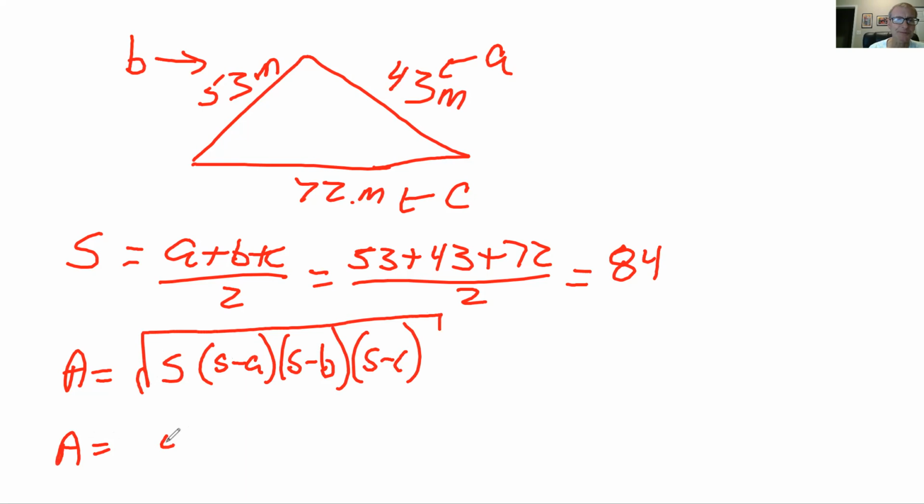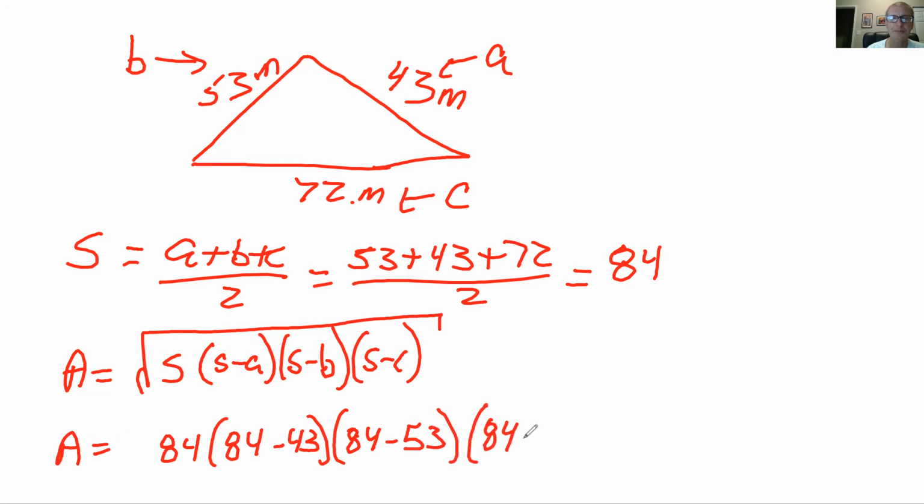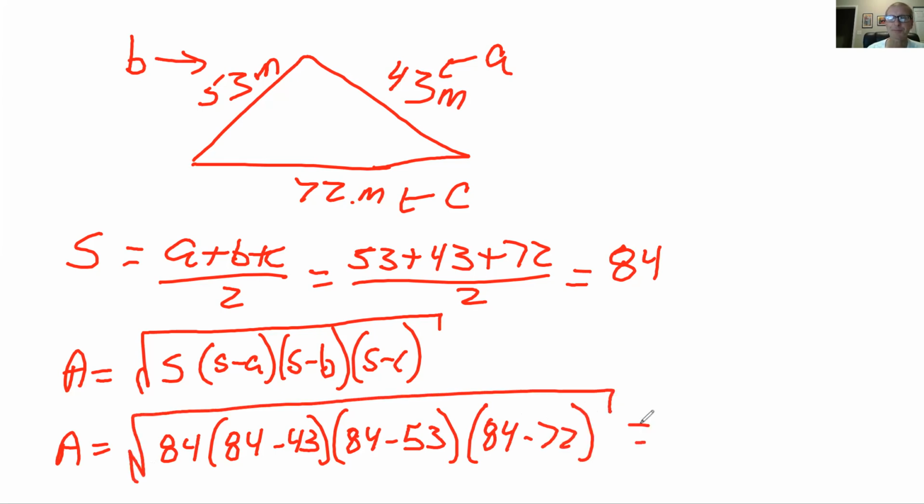So S is 84, so this would be 84, and that would be 84 minus A, which is 43, and then 84 minus B. And so B is 53. And 84 minus C, which is 72. See, again, calculator is a must on this one. So if you got your calculator out and did those calculations, you would get approximately 131.89. And remember, area is square, so this would be meters squared.